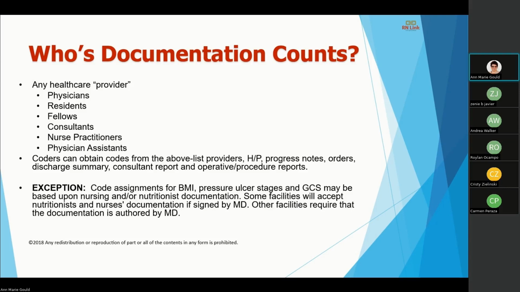It's great to have a little template in there for the wound care nurses to make it electronic so the doctor can just sign off, confirming that they agree with the nurse's or ancillary staff's documentation. Other facilities require that the documentation is authored by the MD. So again, it goes back to your facility's policies and procedures, and keep an eye on that because every organization is different.